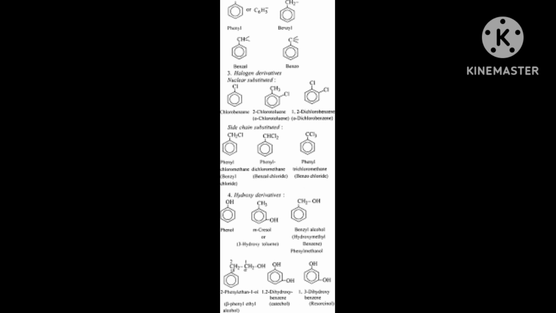But now if the benzene ring is disubstituted, the position of substituents is defined by numbering the carbon atoms of the ring such that the substituents are localized at the lowest number possible.